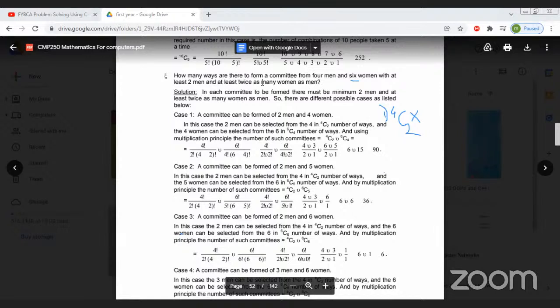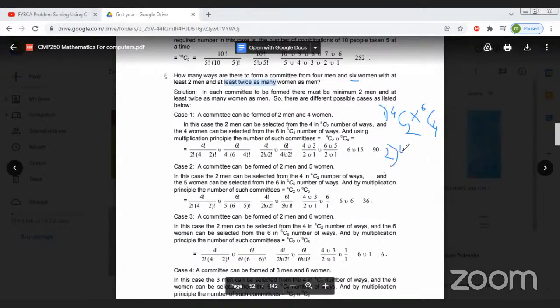If we take men as 2, twice the number of men is 4, so women will be 4. Don't forget that. So 4C2 into 6C4. This is my first case.